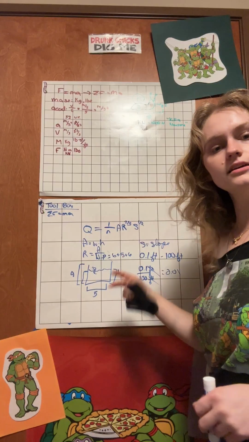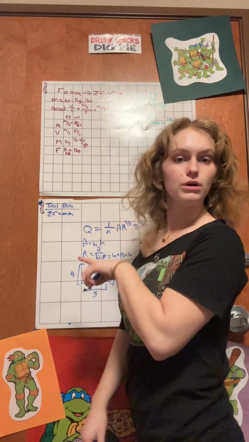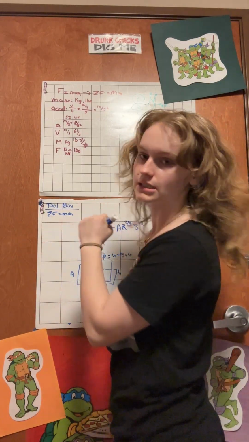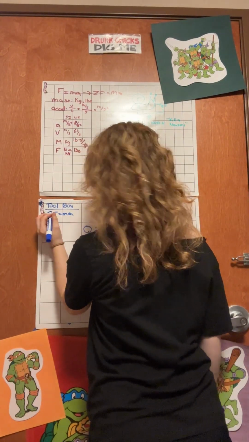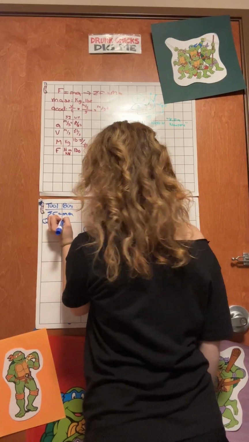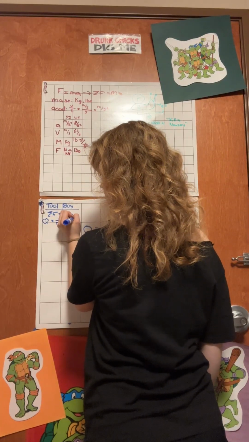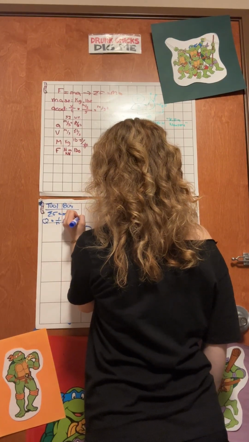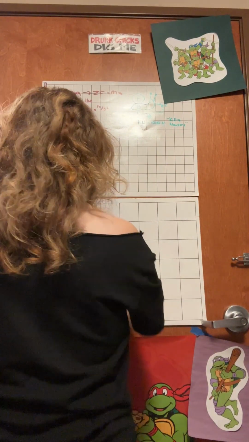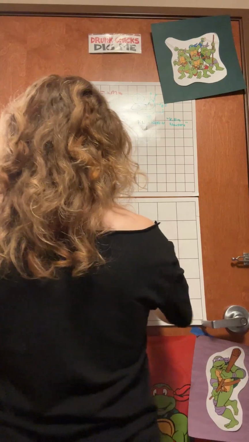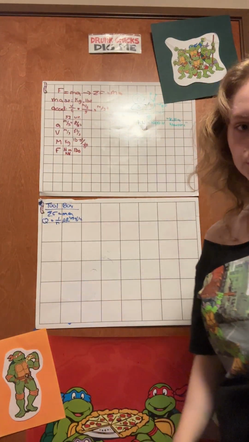Okay, you got it? Now we add this equation to our toolbox, because I'm not trying to go into this test unprepared. I need my preparation. Q equals 1 over n times A times R to the 2/3 times S to the 1/2. And don't let it trick you.